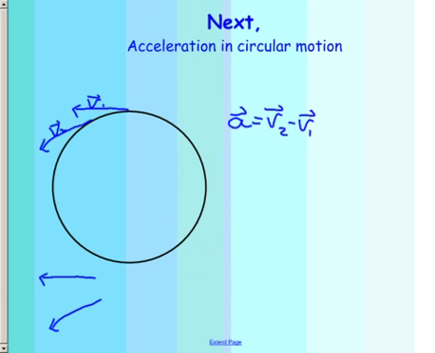Alrighty, moving on. We did time, we did velocity, now we're going to do acceleration. So let's have a quick look. I drew two velocity vectors here, all right, 1 and 2. And remember, acceleration equals v2 minus v1.